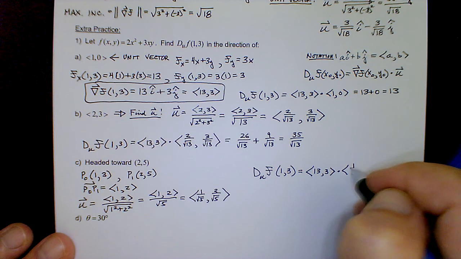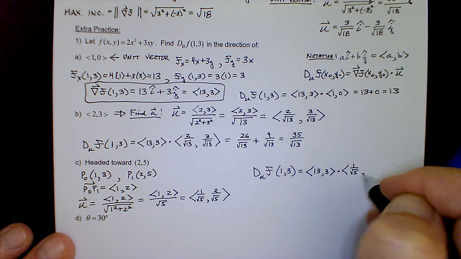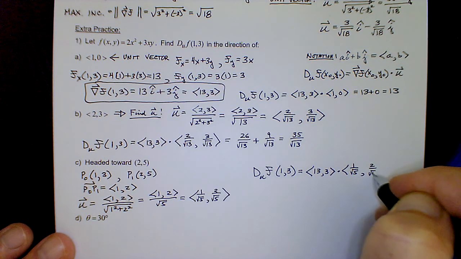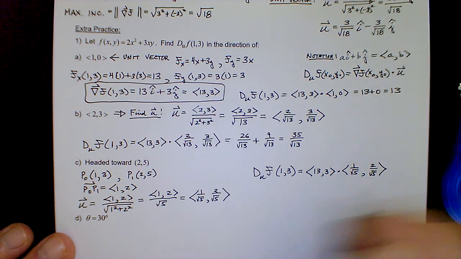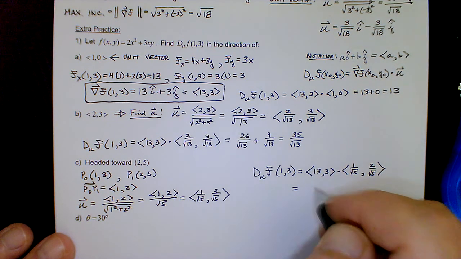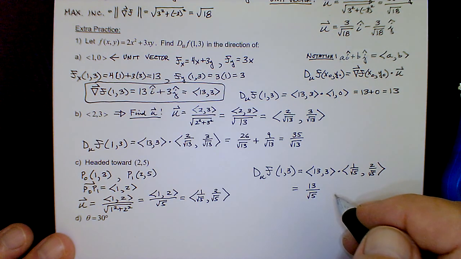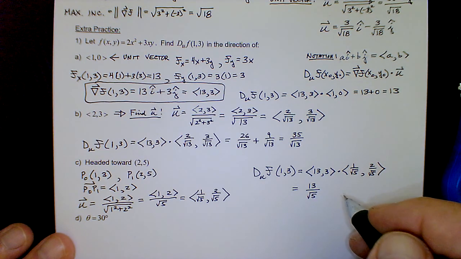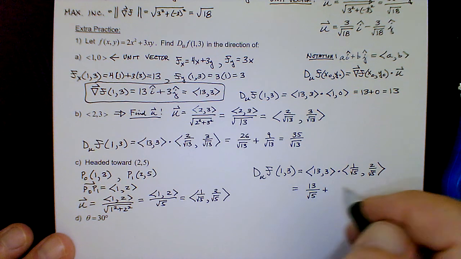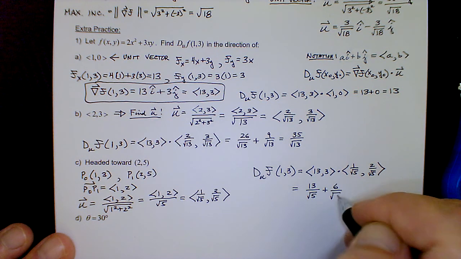And that gives us 13 over the square root of 5 plus 6 over the square root of 5, or 19 over the square root of 5.